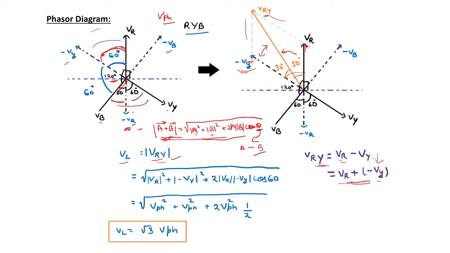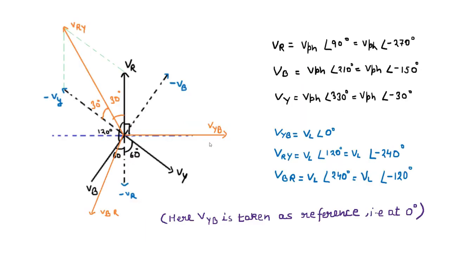Therefore, we put theta equal to 60 here. Now the magnitude of all these quantities is the same, which is V phase. So we put everything here and we get that the line voltage is equal to root 3 times phase voltage. So here you can see how line voltage is equal to root 3 times phase voltage. Similarly, if you draw all the other line voltages, then you get VYB and VBR.